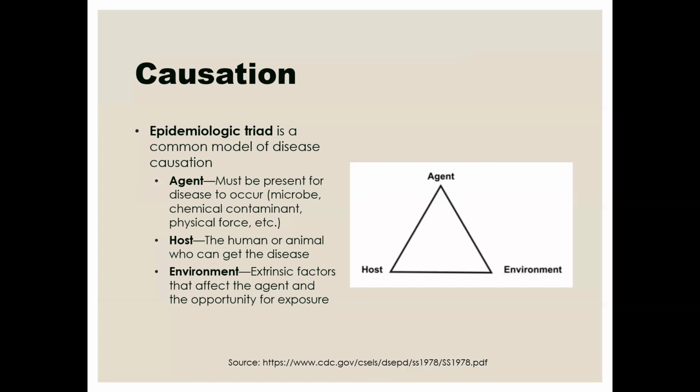The agent we know is the SARS-2, right? And then the environment, we need to have people, because it's respiratory, that virus operates in close proximity, right? Close quarters through airborne transmission, right? But those things took time to figure out, but we had to understand host, agent, environment.